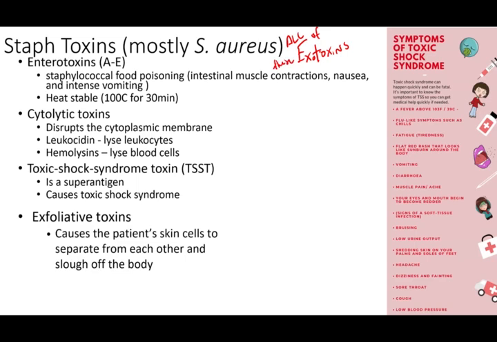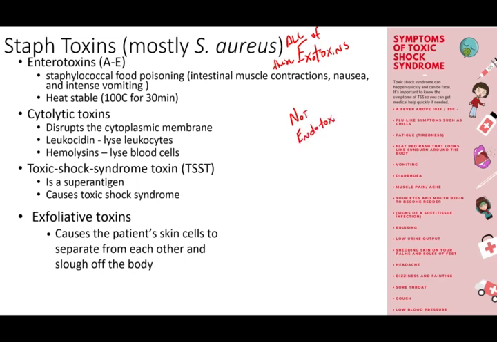So when we were introduced to toxins in the infectious disease, there are two major categories. There are exotoxins and there are endotoxins.